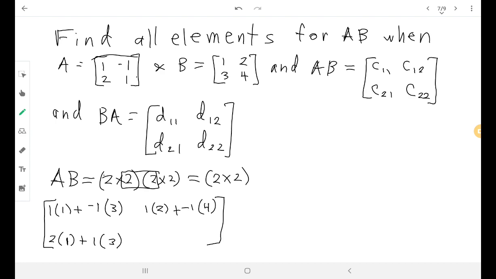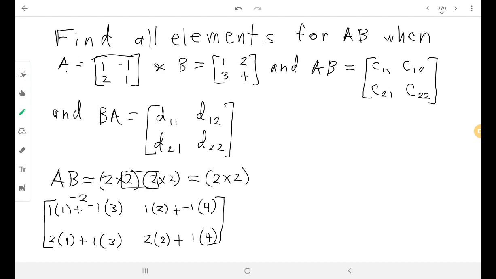Okay? And then we want to do second row, second column. That will give us our second row, second column element. So that'll be 2 times 2 plus 1 times 4. So if you put those together, that's 1 plus -3 is -2.